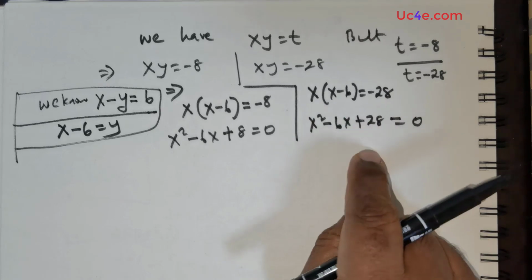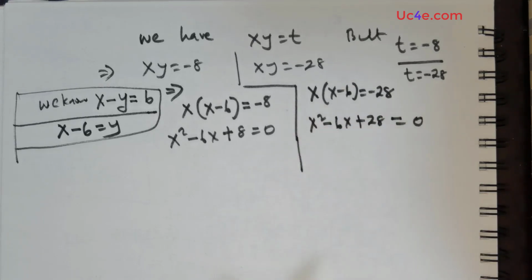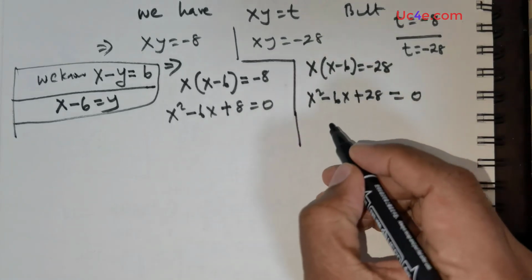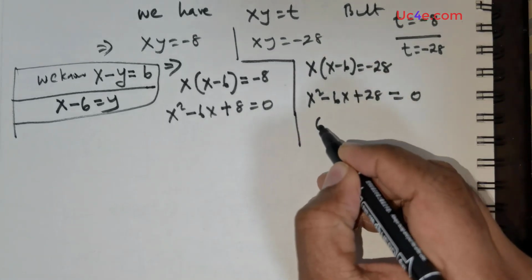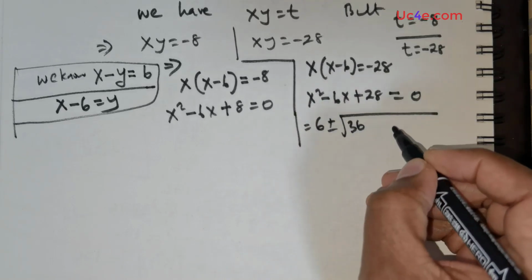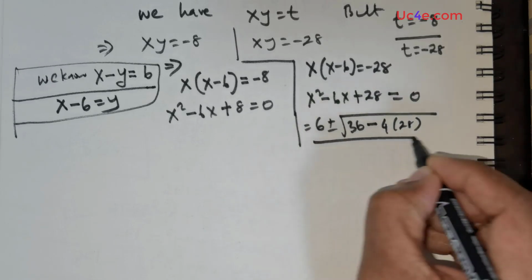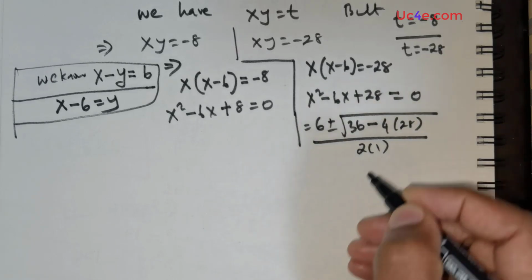Now over here, if I were to apply the quadratic formula, we will end up with imaginary roots. So this is going to be 6 plus or minus root of 36 - 4 times 28, divided by 2 times a.